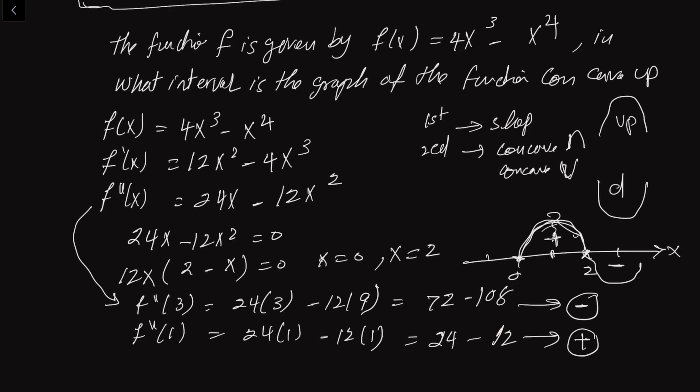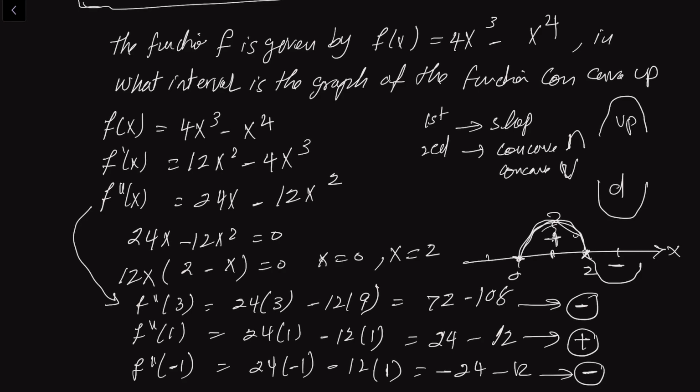We need to know about the other side too, so let's say f double dash of negative 1 equals 24 times negative 1 minus 12 times negative 1 squared, that's 1. So minus 24 minus 12, which is negative again. So here it will be concave down.